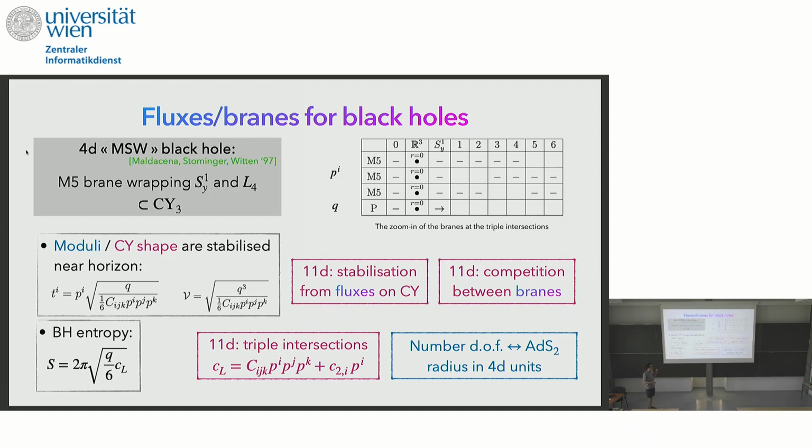So I'm a four-dimensional person. I just measure the size of the AdS2. I don't know anything about what is happening microscopically, but I know the number of degrees of freedom. The AdS2 is there because you have an AdS2 times S2 near-horizon region.